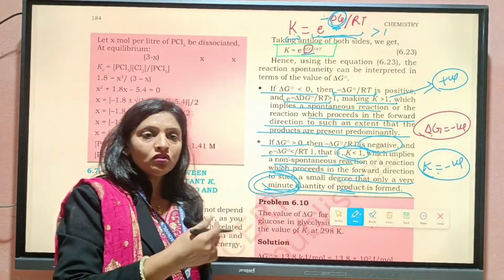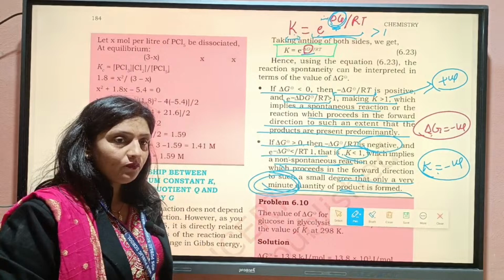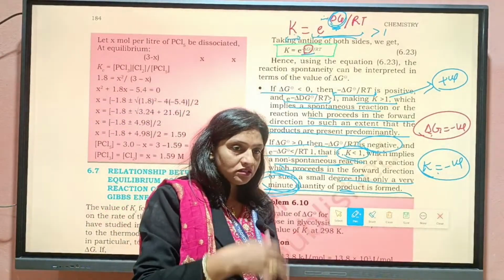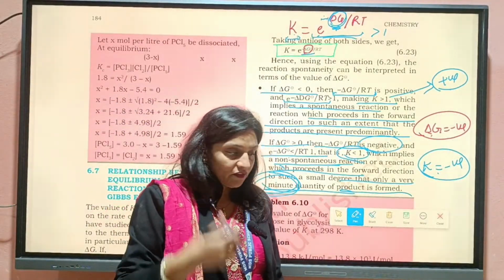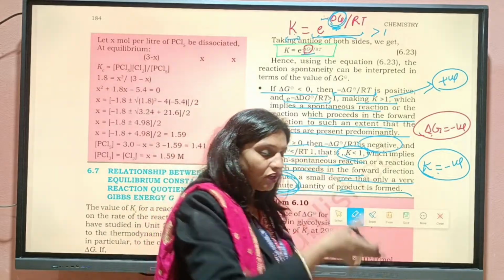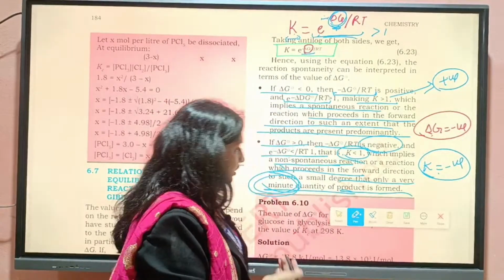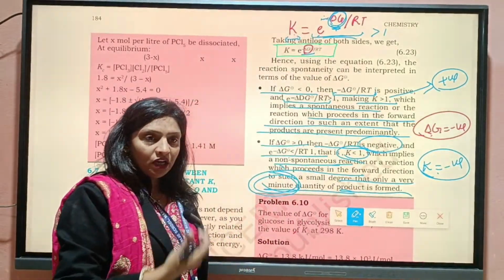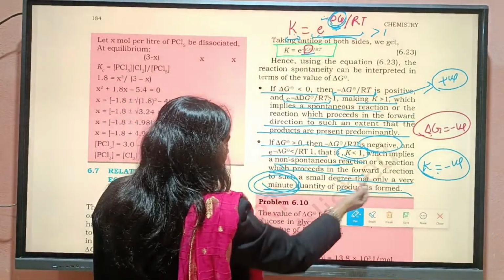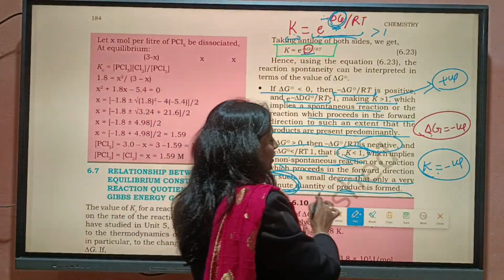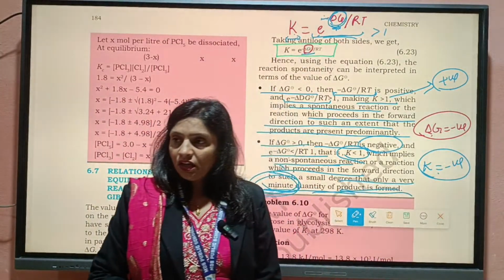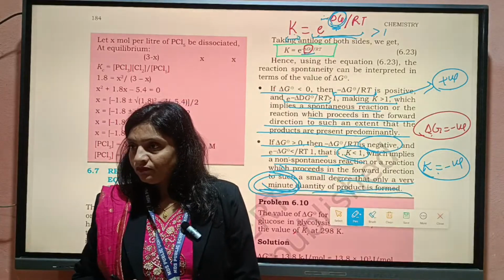It is a non-spontaneous process, so without any initiation, the reaction is not going on. If reactants are not converting into the products, then the concentration of product will be very minor. Only a very minute quantity of product is formed there. Any doubt in this one?